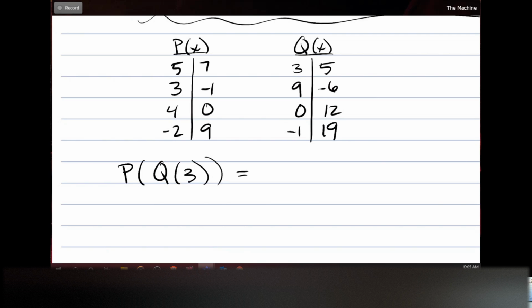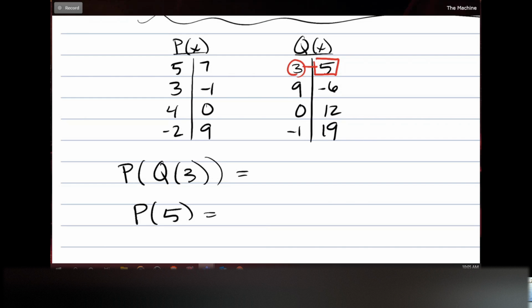Okay. My input's going to be 3. Where do I start? With the P or the Q? Okay, so go to Q, find an input of 3. The output is 5. But now I use 5 as the input. This is now P of 5. 7. See, Jared?